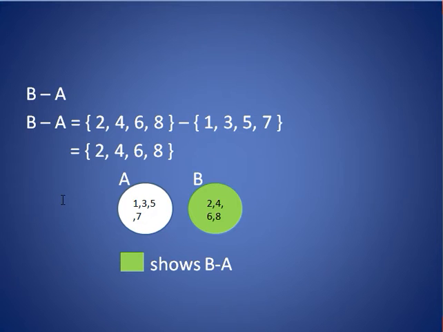Again, for the Venn diagram we have disjoint sets, so you have to draw two separate circles, set A, set B, and we shade the answer, we color the answer 2, 4, 6, 8. This color shows the answer.